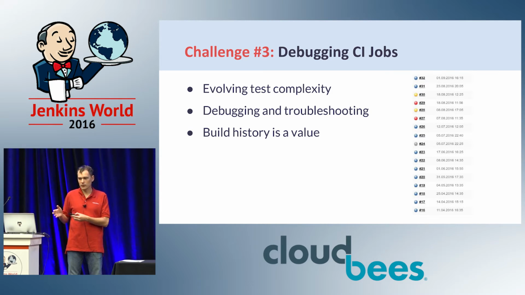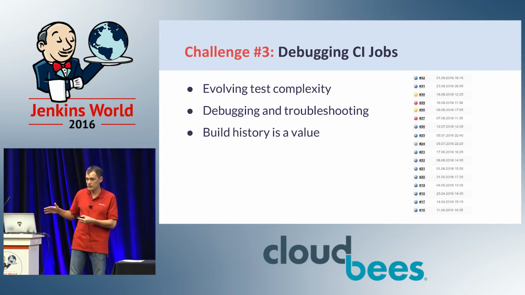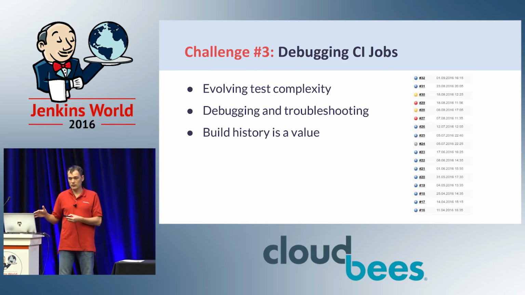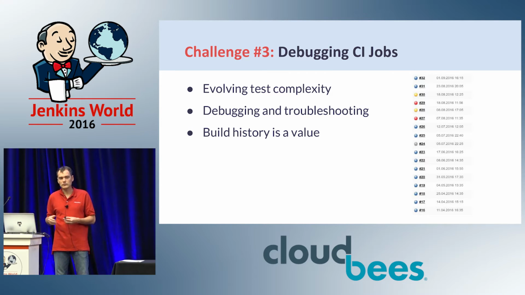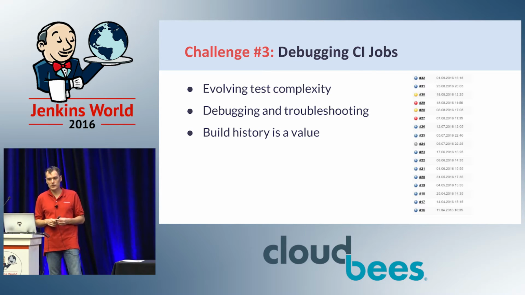Like in the example on the right, the first build, number 27, failed, and then people spent three more builds to actually debug and figure out the right job setup to fix it. There was no software problem, there was no failing test. The job itself was failing, and you need to maintain the job itself. And this is not something that you want to have inside your CI cycle.